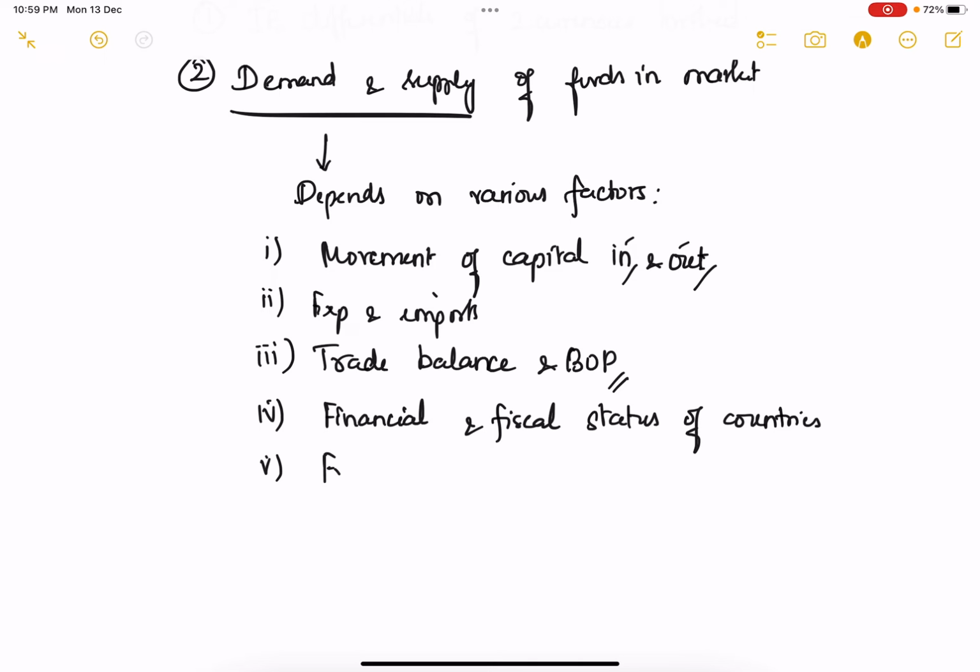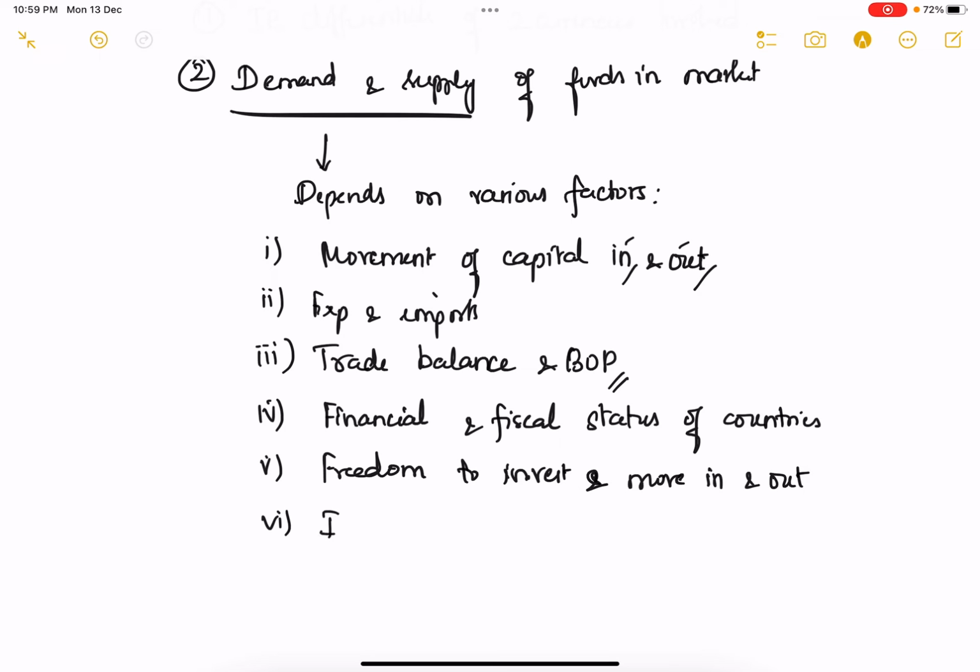The fifth factor is freedom to invest and move in and out. For example, being an exporter in India, only if we get the freedom to invest and to move transactions and funds in and outside America will influence the demand and supply of forwards in the market.